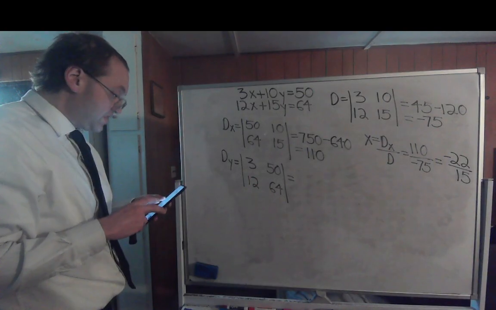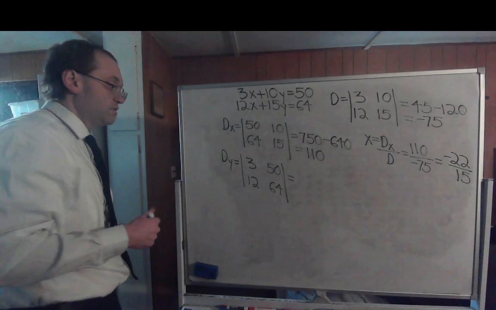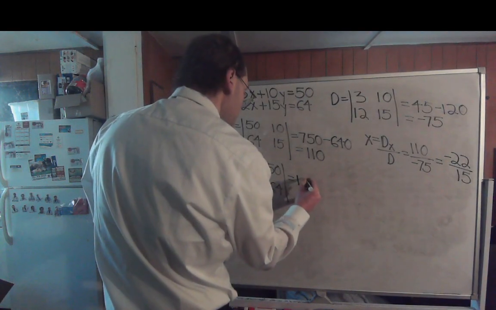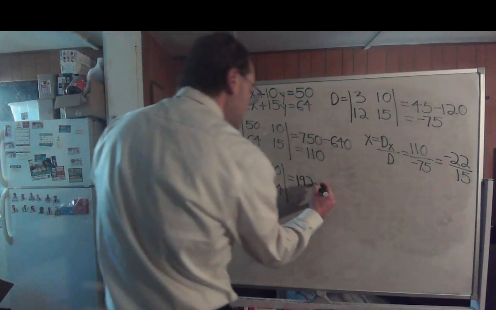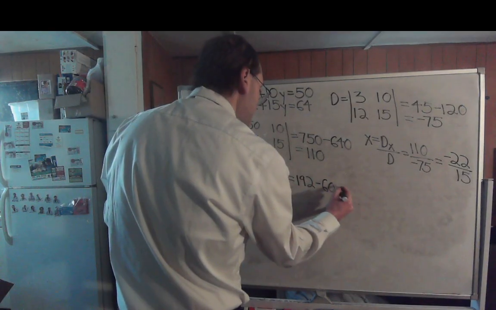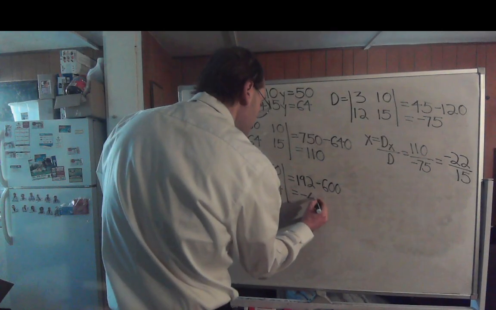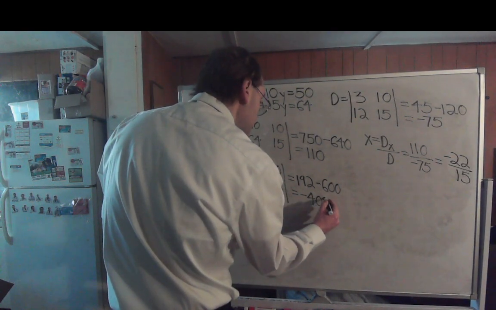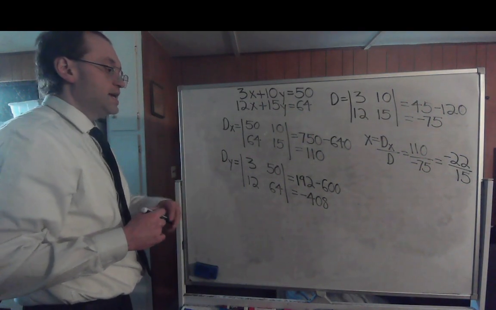I think 192, but let's be sure. Yes, it is 192. So you'll have 192 minus 50 times 12, well that'd be minus 600, which would end up giving you minus 408. So d sub y is negative 408.